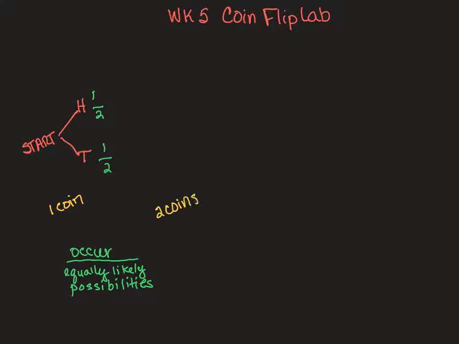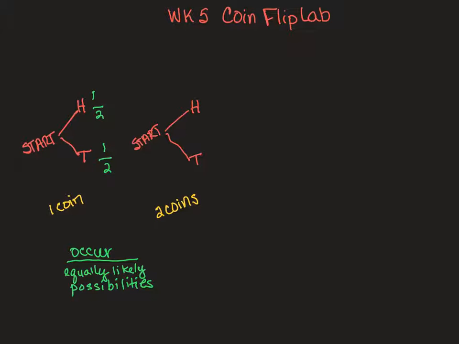Now I understand I'm flipping these 20 times, but the probability doesn't change. I'm just saying I'm going to keep doing this and see if I get that 1 out of 2. So now I'm looking at two coins. I'm going to start here, and in that first coin, I'm going to flip it, and it could get a heads or a tails.